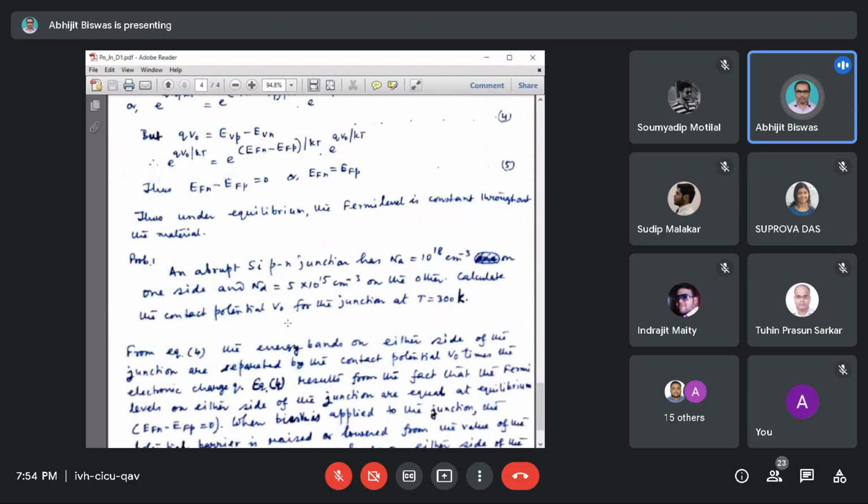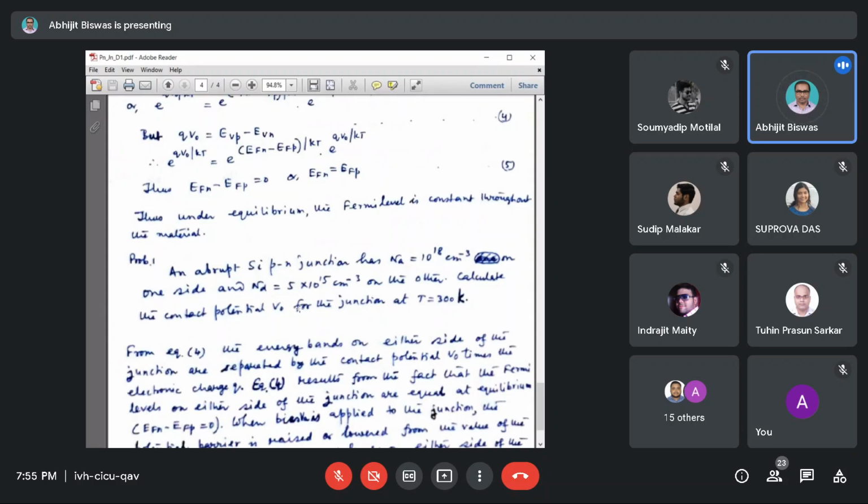Instead of considering the silicon PN junction diode, you can use germanium and see how contact potential varies, or you can also compare the value of contact potential in at least 2-3 different semiconducting materials. You can work out this problem for gallium arsenide also.